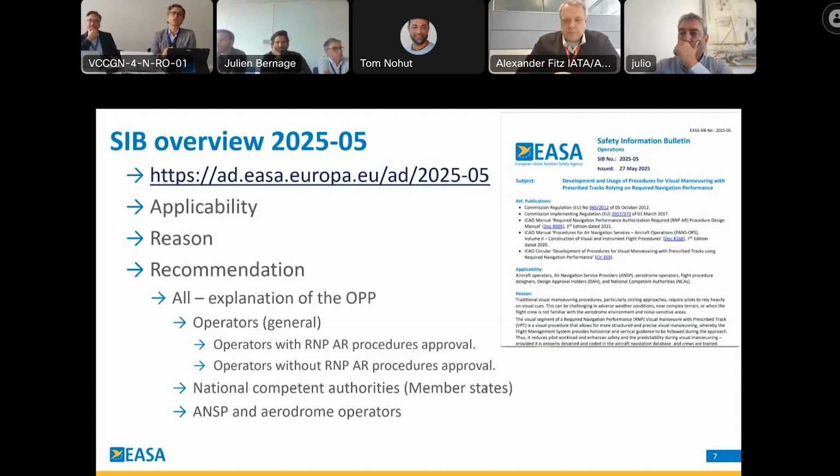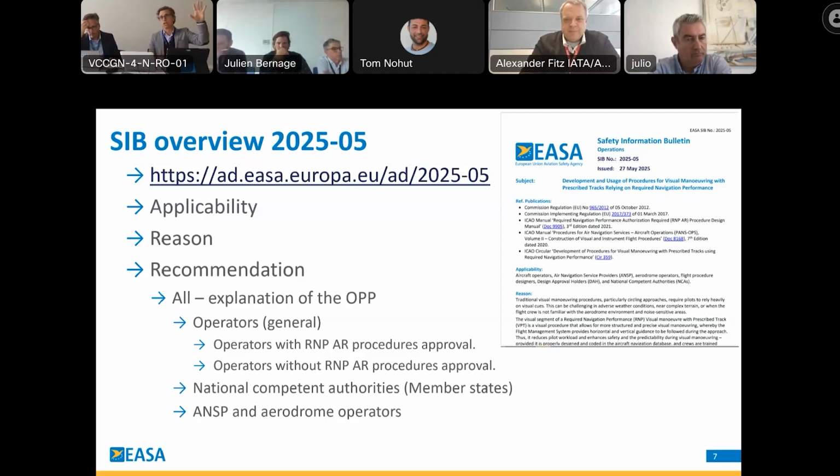Then we continue with recommendations to the operators, meaning airlines, and here we distinguish a general part which is applicable to everybody, and then you need to choose. If you are an operator with RNP IR approval, then you do a further step, step 4, and if you are an operator without RNP IR approval, you have 3 additional steps.